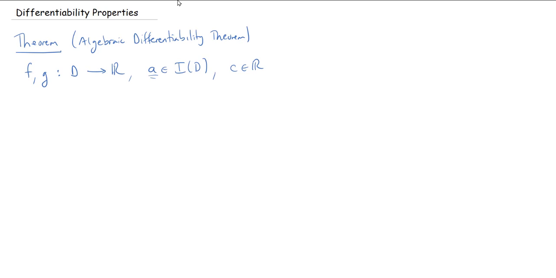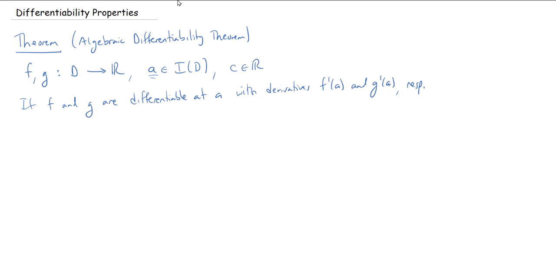So we're going to assume, if f and g are differentiable at a with derivatives, and we'll probably stop writing this part soon, with derivatives f prime of a and g prime of a, respectively. This is just the name we give to the derivative at those points. Then the following hold.